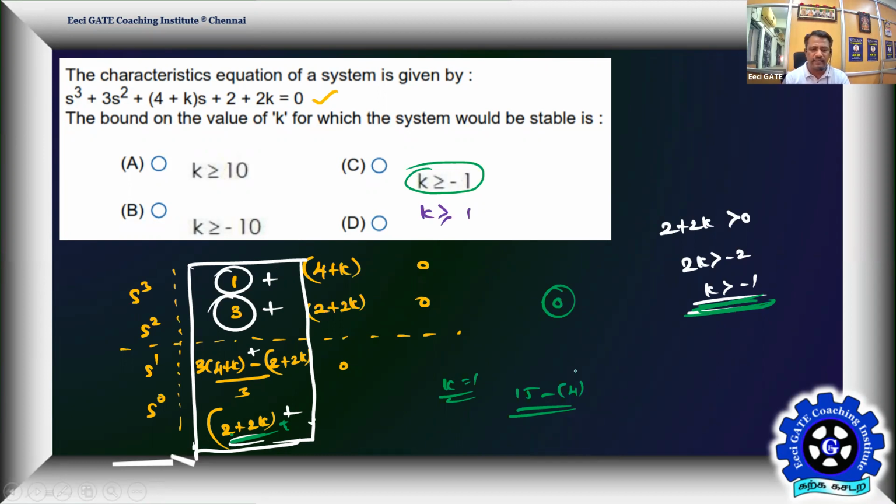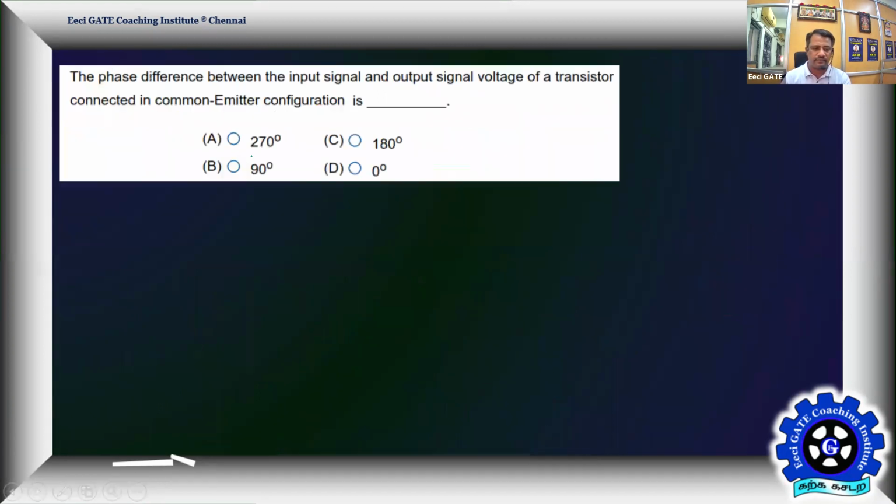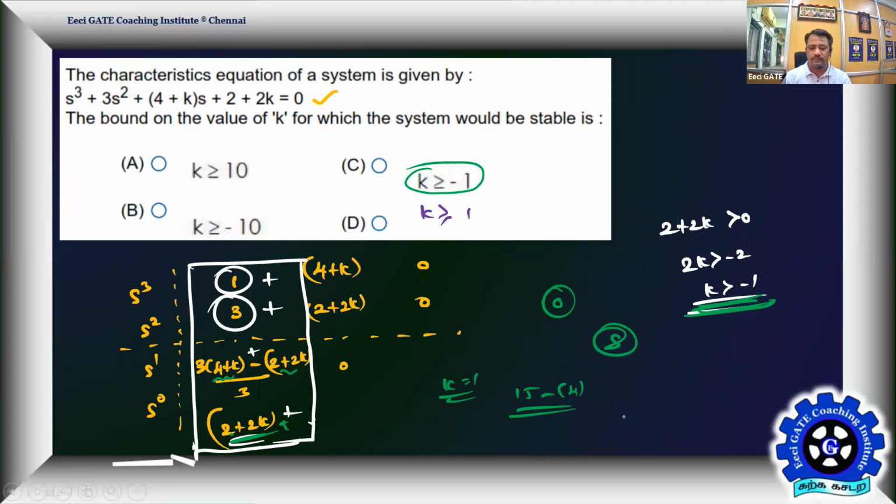Then let me check for k equal to 8, for example. K equal to 8 means it's by default positive. Then 4 plus 8 is 12. So 3 into 12 is 36, that means 12 plus 3k minus 2 minus 2k should be greater than 0.